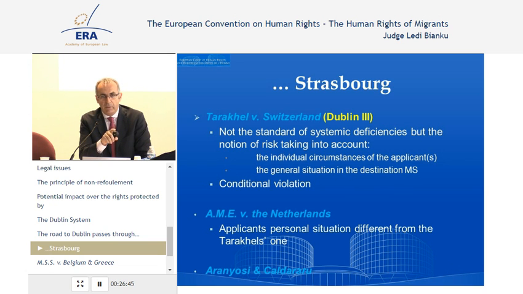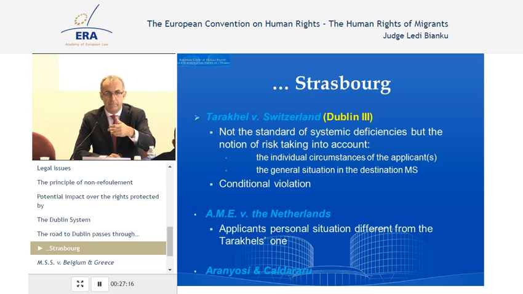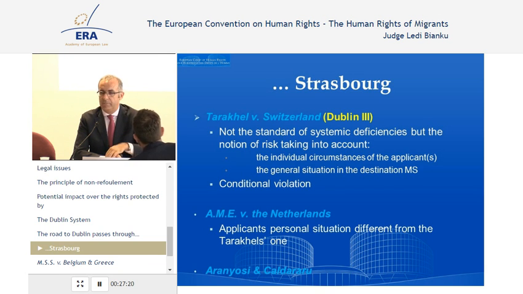It does concern European arrest warrant, but the Luxembourg court says in this case that if there are doubts that removing a person from one member state to another member state, Hungary in that case, where the detention conditions might be in violation of the EU Fundamental Rights Charter, then automaticity, for which the Luxembourg court has been criticized for years, of the application of European arrest warrant, for example, or Dublin System, should not prevail in these cases. So the person should not be removed.